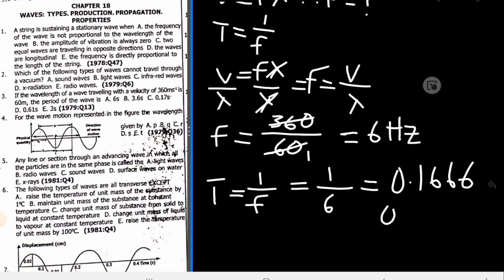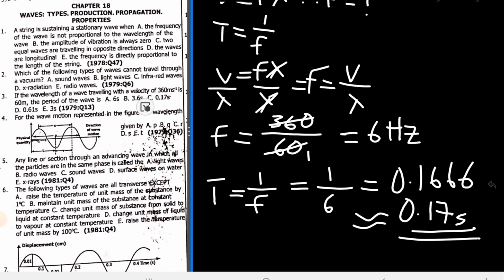So approximately 0.17. And what will be the unit of period? Seconds, S. So your final answer is 0.17 seconds. So option C is the answer.